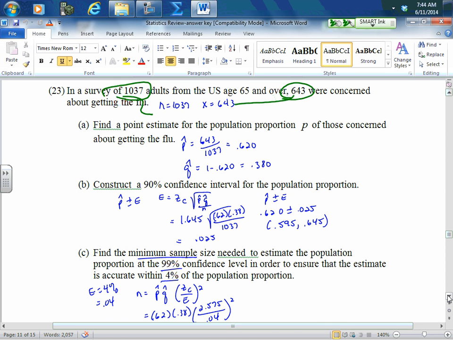So your sample says, find a point estimate, x over n is your p-hat. Make sure you build your proportion, or when you use your calculator, if you use the 1 proportion z interval, you need the x and the n. This is your p-hat, your q-hat is 1 minus that.